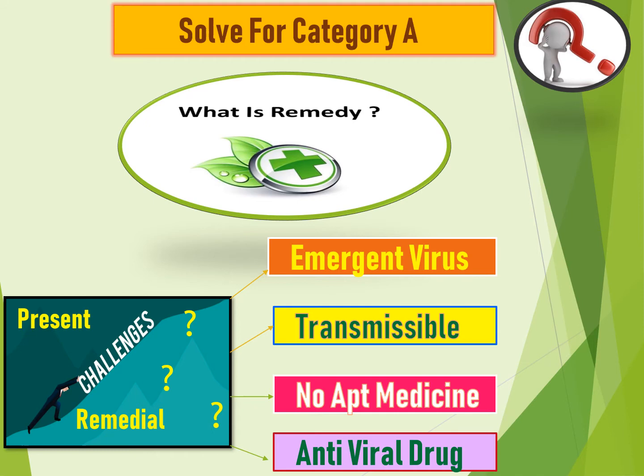This coronavirus is an emergent virus, so an apt medicine is not readymade. It is proven to be a highly transmissible virus, so it can grow fast and expand fast from one person to another, and stopping this kind of transmission is also a challenge.